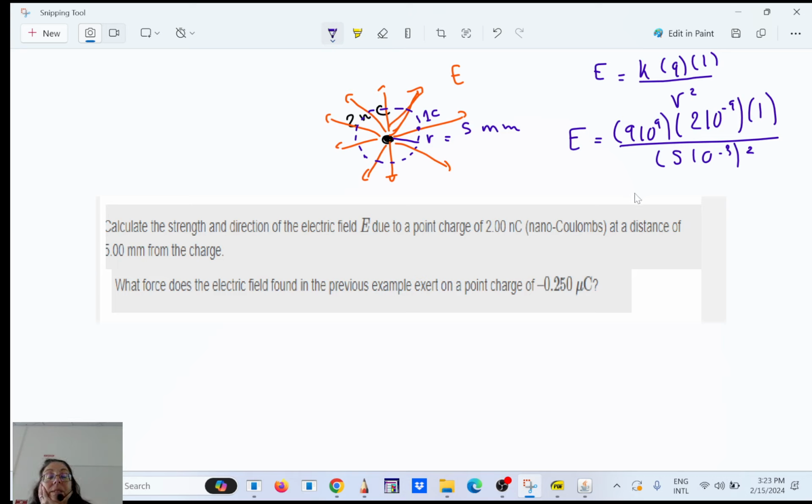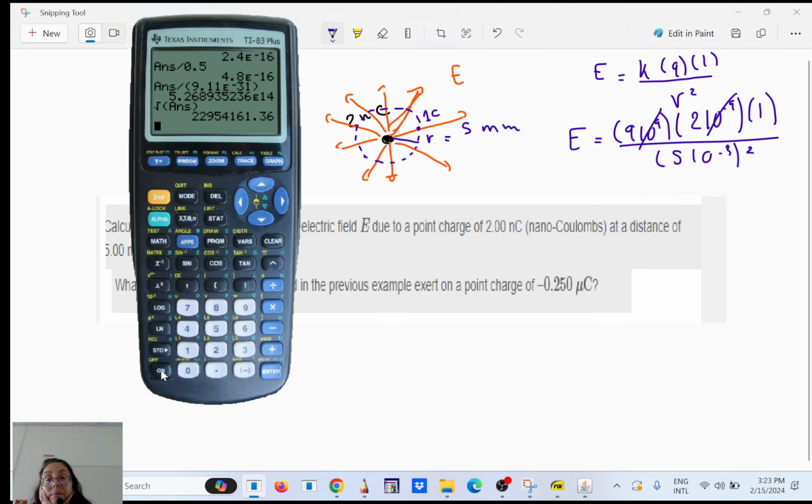Do it. That will be in magnitude. By the way, that goes away. So 9 times 2 divided by, open the parentheses, 5 times 10 to the negative 3 squared.